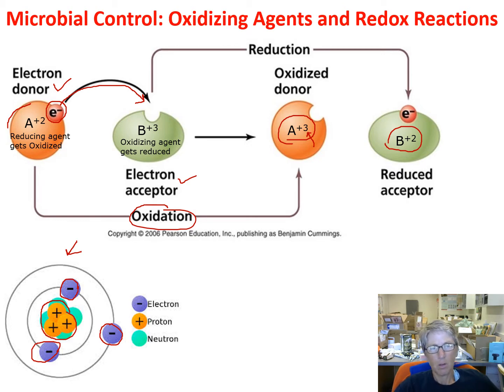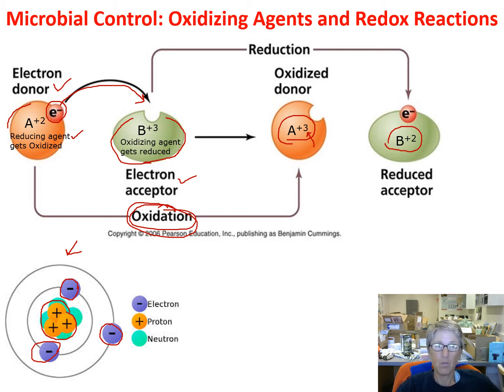So that's what's happening in the world of electrons. The electron donor is called a reducing agent, and the reducing agent that donates the electrons gets oxidized in the oxidation part of the oxidation-reduction reaction. And then this guy, the oxidizing agent, gets reduced because it got an electron and its charge got reduced.